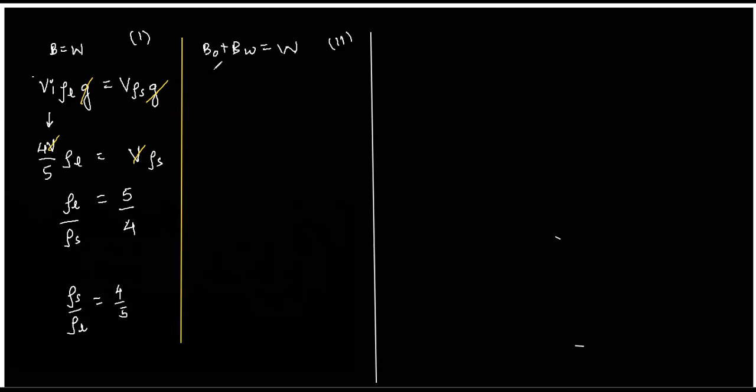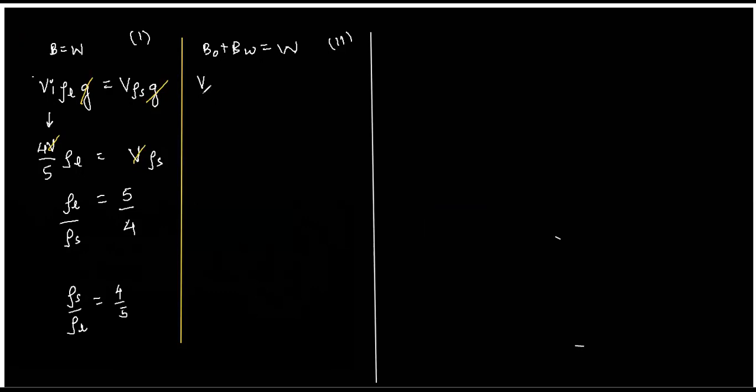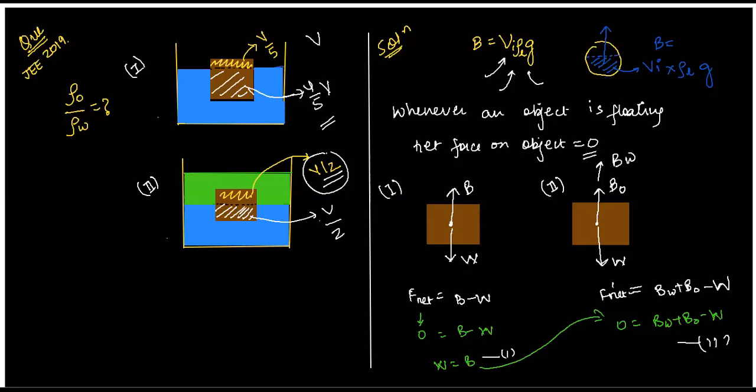So we have B naught, the buoyancy due to oil. What is the submerged volume in oil? V by 2, correct? So we'll have V by 2 into density of oil times G, plus what is the submerged volume in water? It's also V by 2.